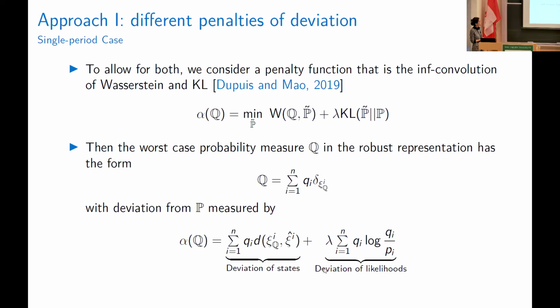In the second part, the Q_i represents a new likelihood I'm going to assign to different data points, using this penalty to define different likelihoods on the different states. P is something we observe from the data, the nominal one we choose. The high-level idea is that we first use KL to change the likelihood, and then use the Wasserstein one to perturb to the new states.